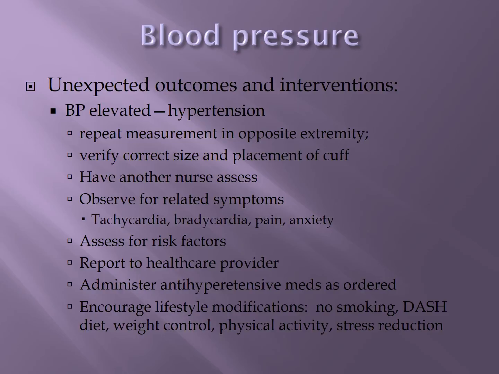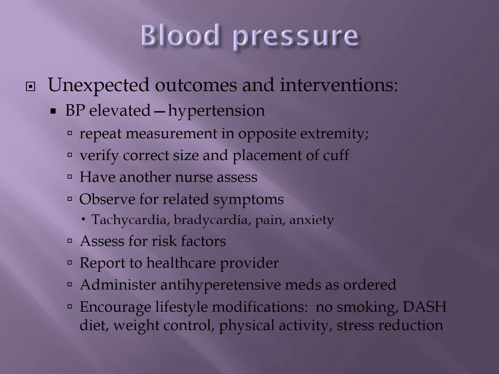You're not trying to listen for a blood pressure over their clothing. Have another nurse assess it. Make sure that yes, they are getting it. If there is a digital machine that you could use, take the blood pressure with that digital machine to see if it is also giving a hypertensive reading.